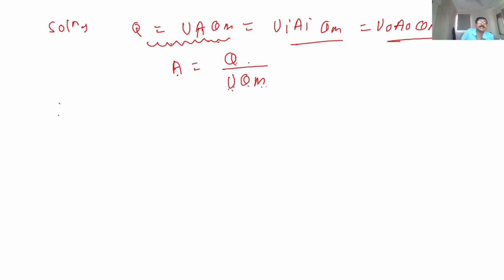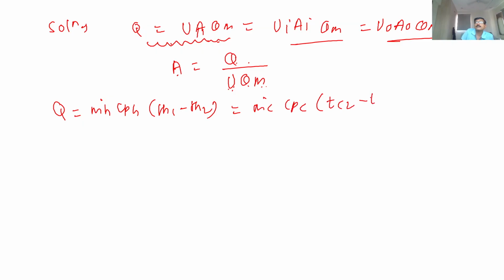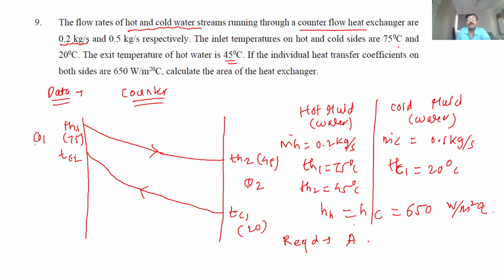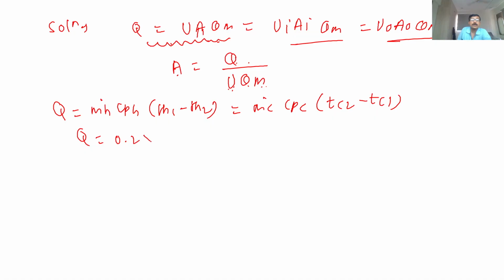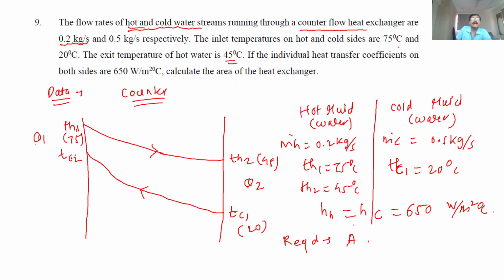So let's start with the calculation of Q. By energy balance equation, Q is m dot h Cph (Th1 minus Th2), which equals m dot c Cpc (Tc2 minus Tc1). So let's start Q. m dot h, what is m dot h? 0.2. Okay. Hot and cold side means both sides there is water.